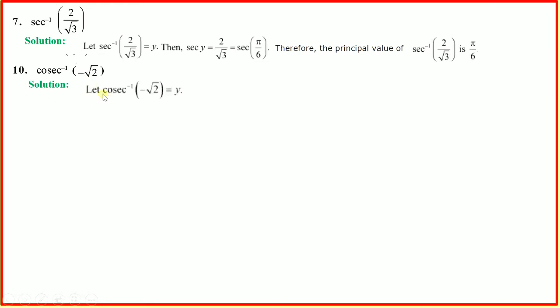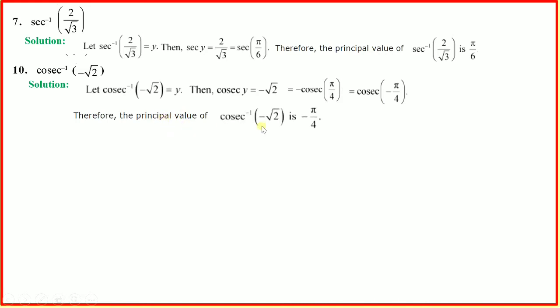Question number 10, cosec inverse minus root 2. For this solution, let cosec inverse minus root 2 be y, then cosec y is equal to minus root 2. So minus root 2 will be minus cosec pi by 4. That's true, because minus pi by 4 belongs to the fourth quadrant. So that's true for cosec inverse. So we'll say that the principal value is minus pi by 4.